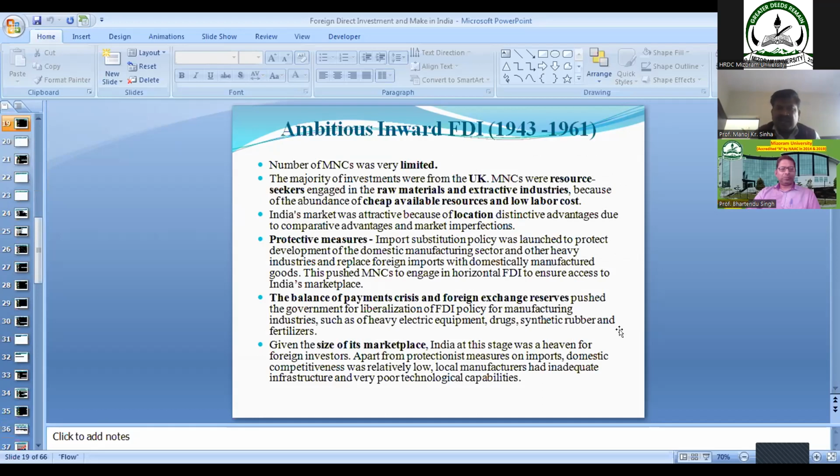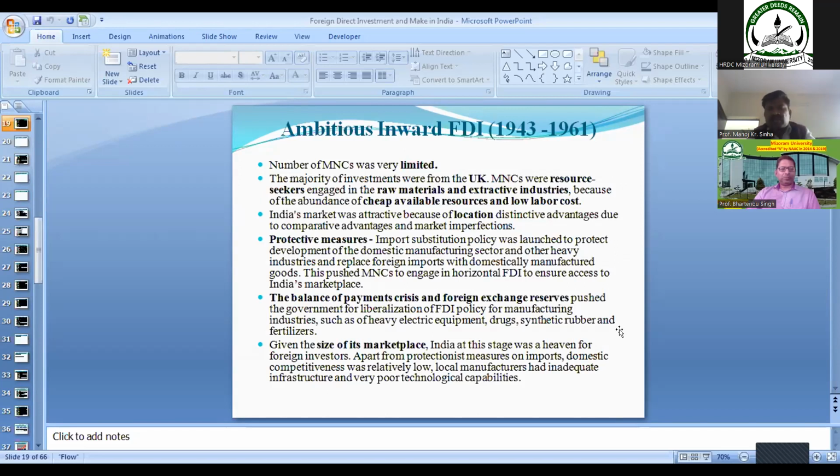During this period, the number of multinational companies was very limited, and the majority of them were from the United Kingdom, focusing on resource seeking in the form of raw material, and due to the abundance of cheap labor available in India. Indian market was attractive because of location.